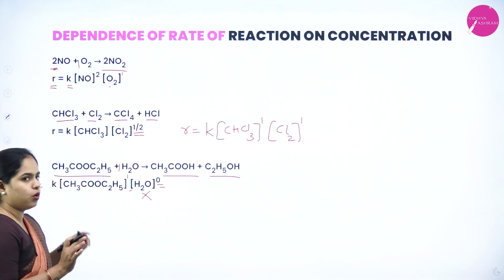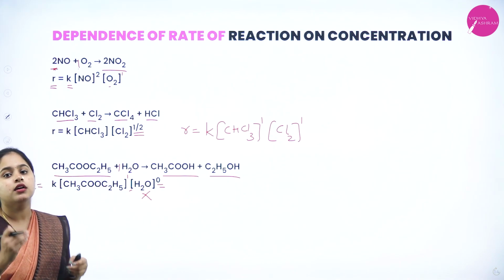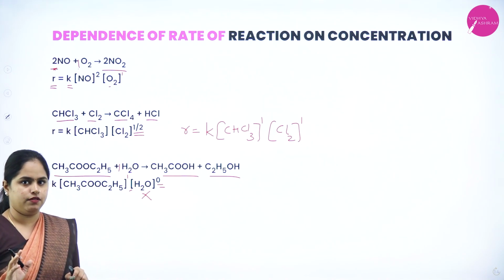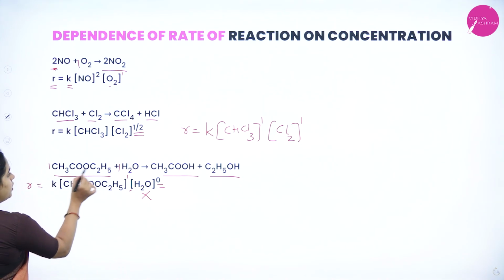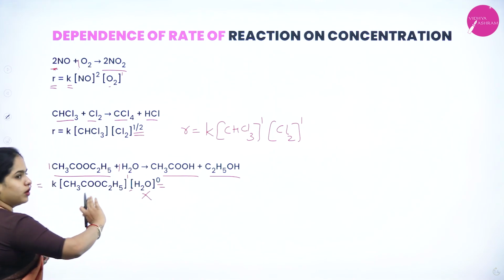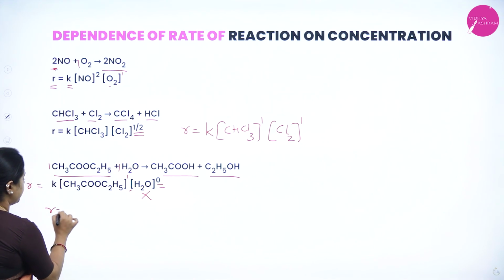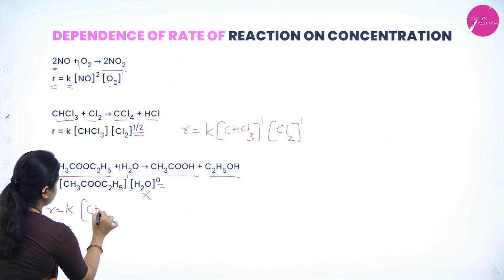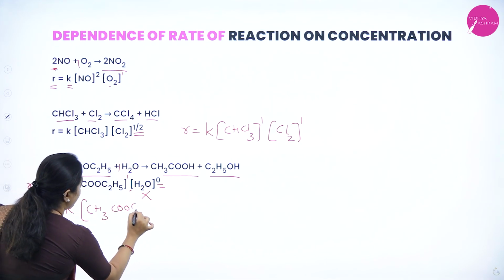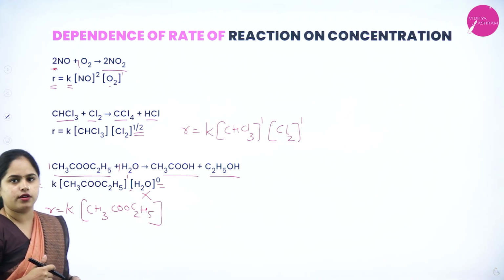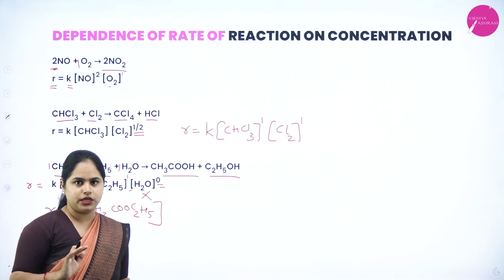But as of now, I hope you understood that the stoichiometric coefficients will not always be equal to the powers. Even though it was 1 and 1 here, it only depends upon the concentration of ester and does not depend upon the concentration of water. So I hope it is clear.